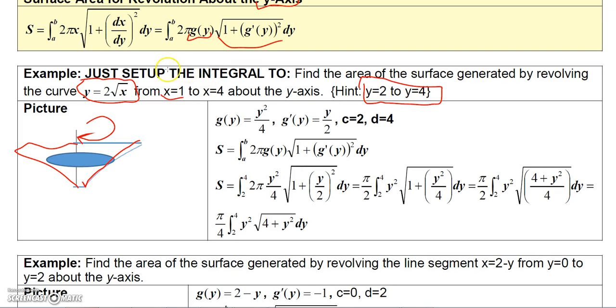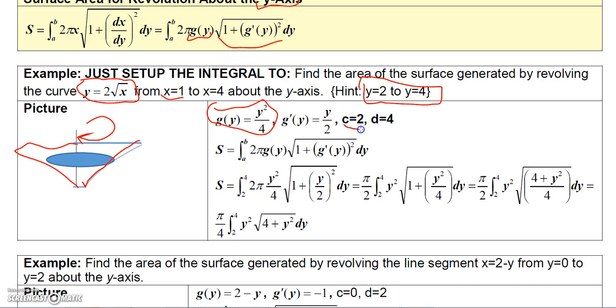Now what I have to do is solve this for x. If you square both sides, you'll get y squared equals 4x, and then divide by 4, and you get that g of y is y squared over 4. And then the derivative of that would just be y over 2.